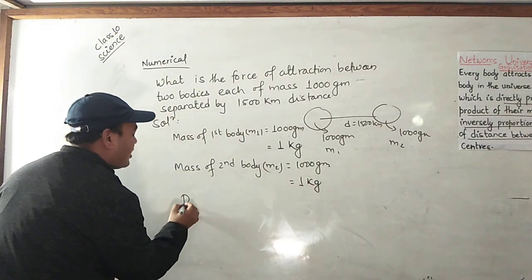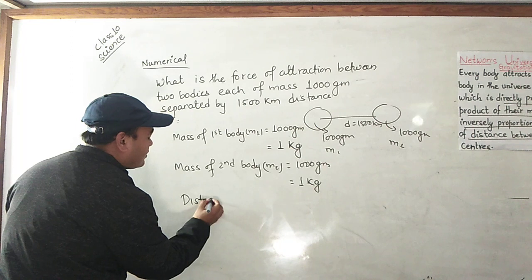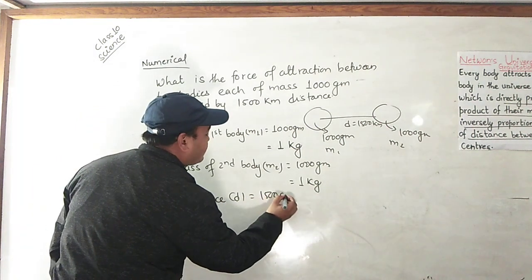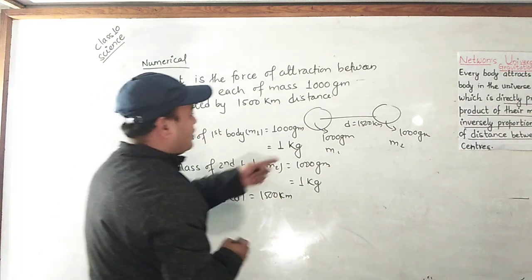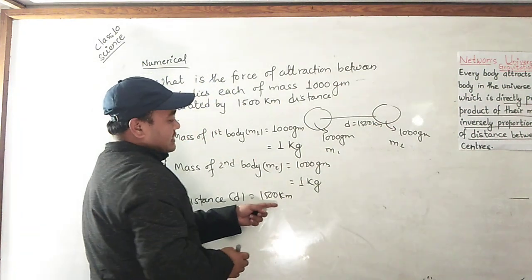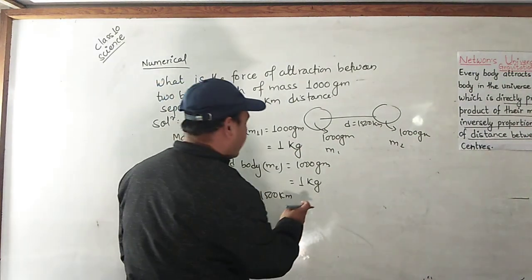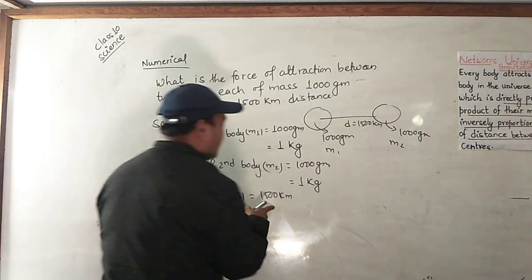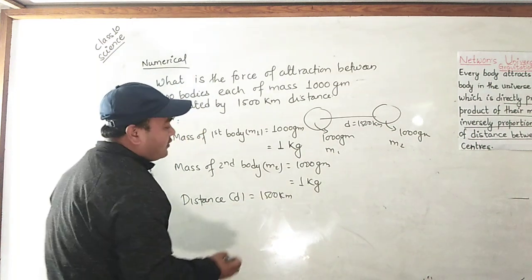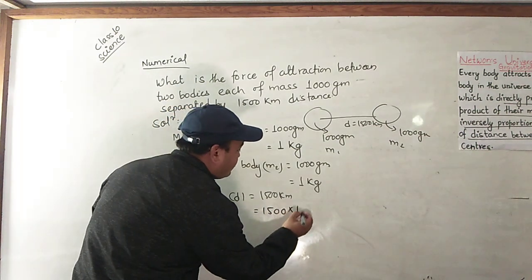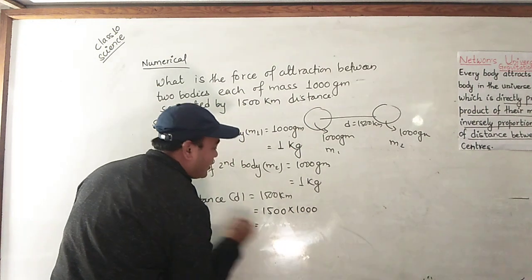And distance between them, so distance D is 1500 kilometer. 1 kilometer is equal to 1000 meter. So to convert this kilometer into meter, we have to multiply it by 1000.